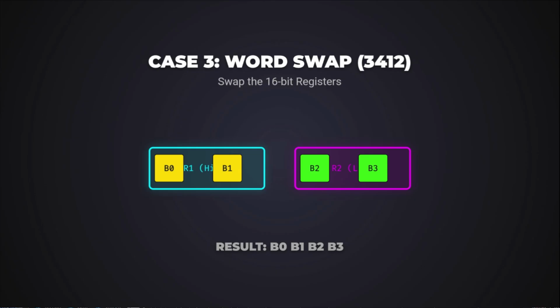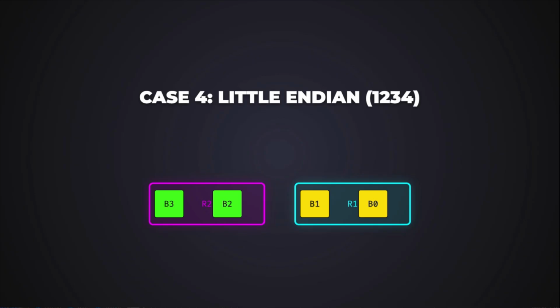To correct this, the system analyst must first read the 4 bytes into a buffer, then swap the first 2 bytes with the last 2 bytes. After this 16-bit word swap, the buffer contains B0, B1, B2, B3, ready for standard 32-bit float interpretation. This is a common configuration found in devices prioritizing register address simplicity over standard network byte order.